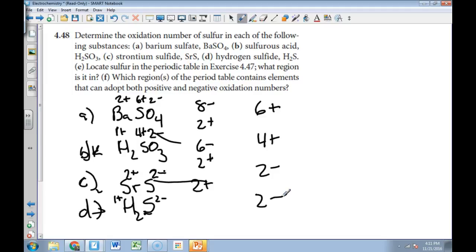Then it says find sulfur on the periodic table, and once you do that, it asks what regions of the periodic table can have positives and minuses. So I'm going to draw a rough periodic table here.